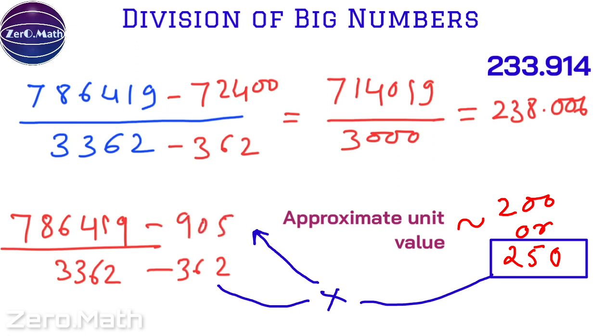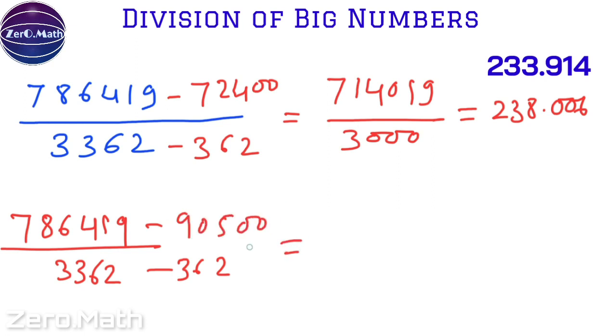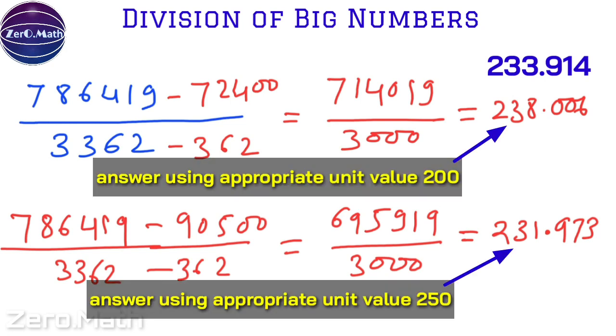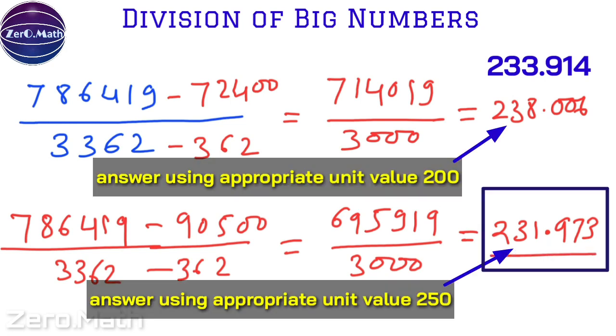So that would be 90500, and if we subtract this, we will get 695919 over 3000. So if we divide this number by 3000, you are going to get 231.973. Now you can see the difference from the calculator answer is very little. It's just a difference of 2.